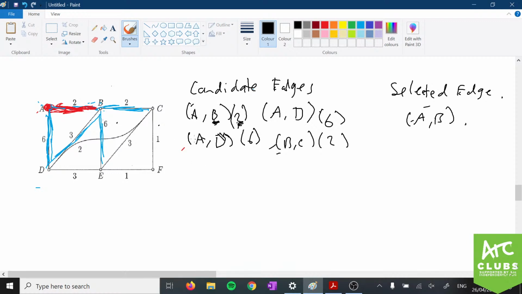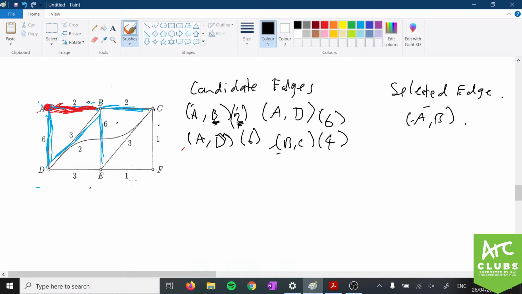The number here represents the total distance that we would travel to C from A along our current spanning tree. So we have to go through A, B, and then C. That means the number we assign here is not 2, it's 4.